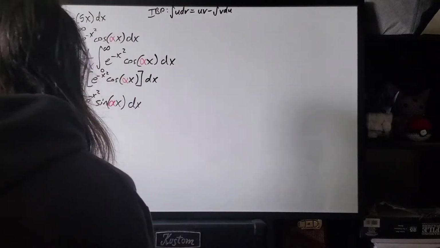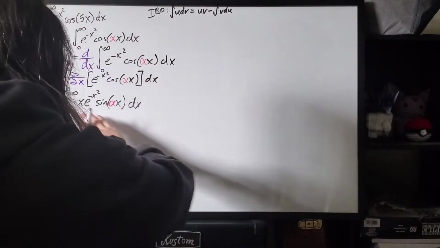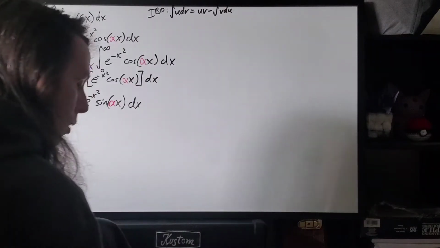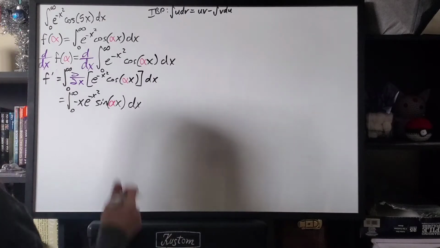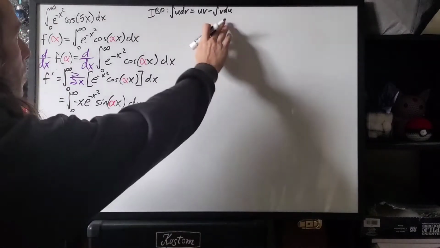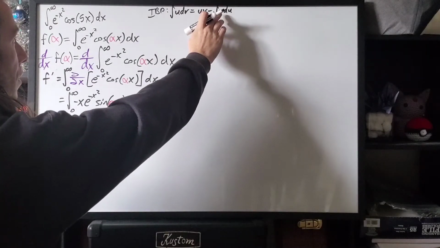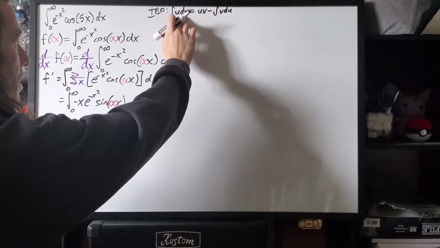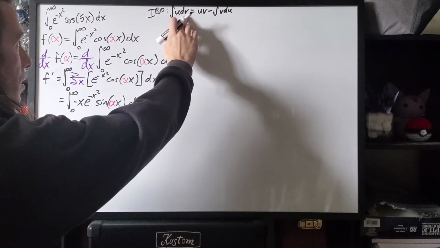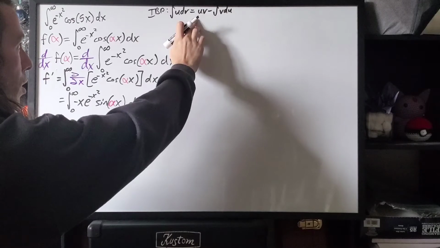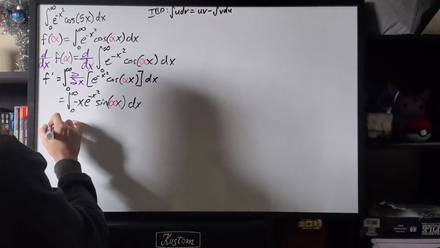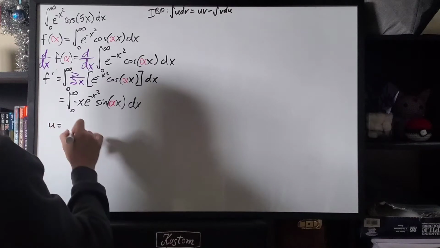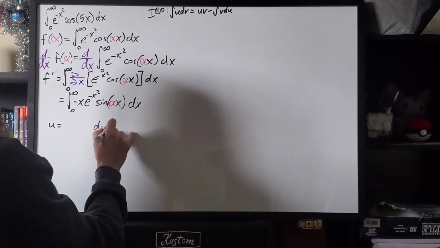Essentially what we're looking for now are portions of the equation that we can actually work with. We know we're going to be integrating the dv side to get v, and differentiating u to get du. So we're looking for a u and a dv to start.